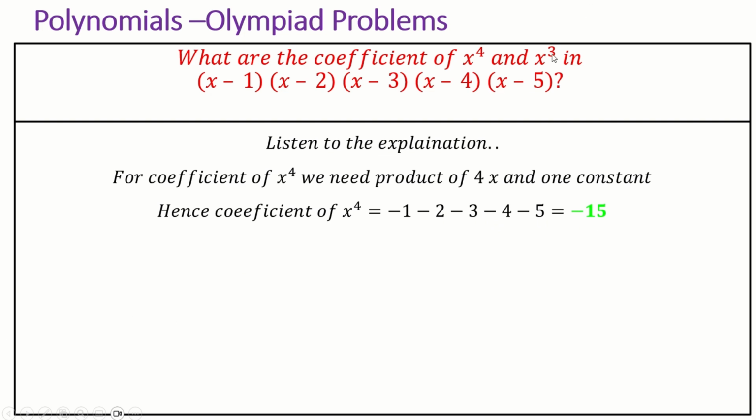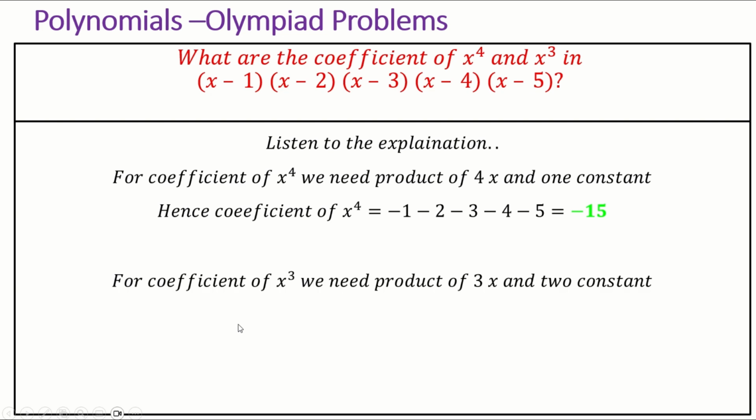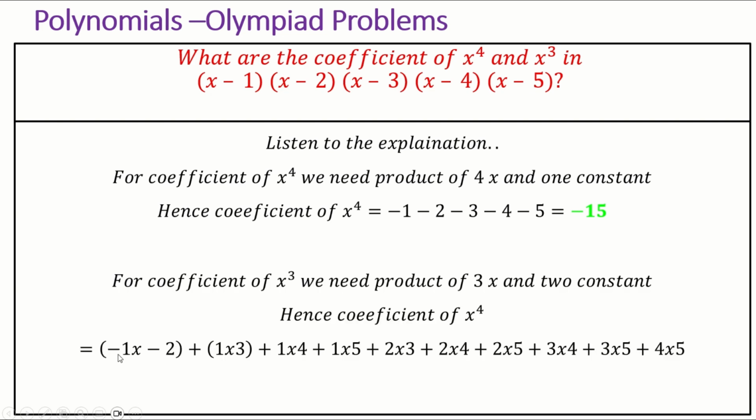Okay, now x power 3. For x power 3, what you need is basically 3 x's, then two constants. Correct. So that is the sum of products of two constants. Then you will get the x power 3 coefficient, that is minus 1 into minus 2 plus, okay, I just removed the negative sign for all because both are minus, so minus into minus will become plus.